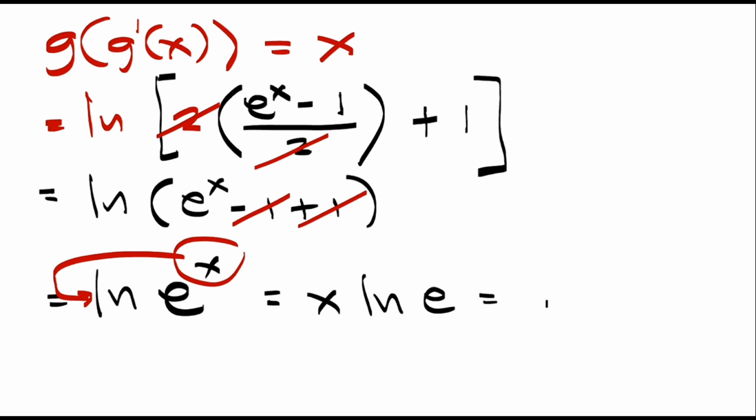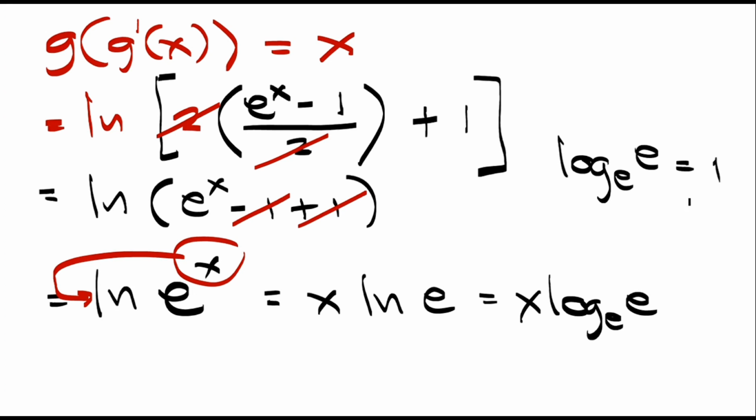So this is x times logarithm of e to the base e. Again, this is one of the properties of logarithm, which states that when the number is the same as the base of the logarithm, then the value of the logarithm is equal to 1. Meaning, logarithm of e to the base e equals 1, because when we rewrite this in exponential form, this is e to the first equals e.